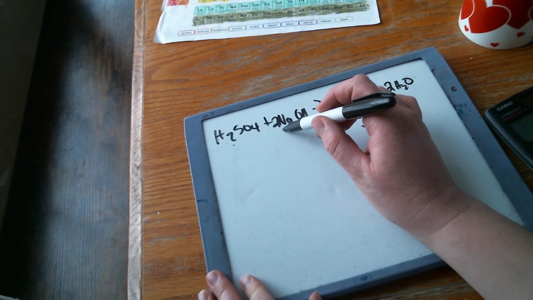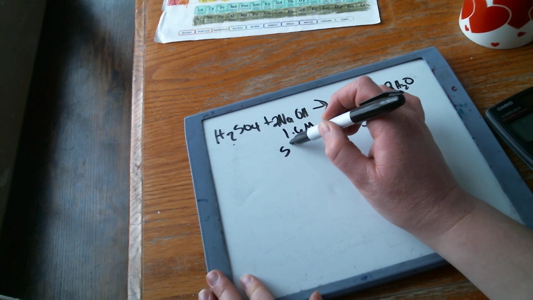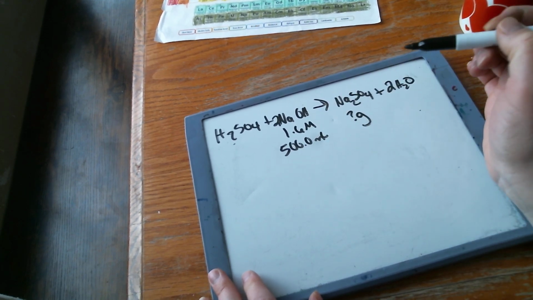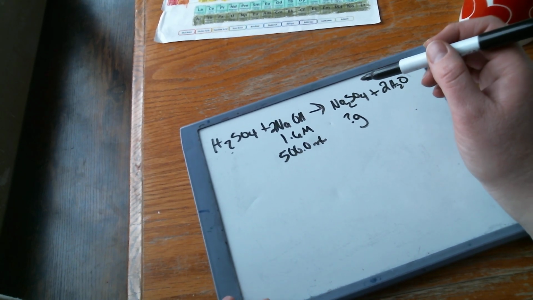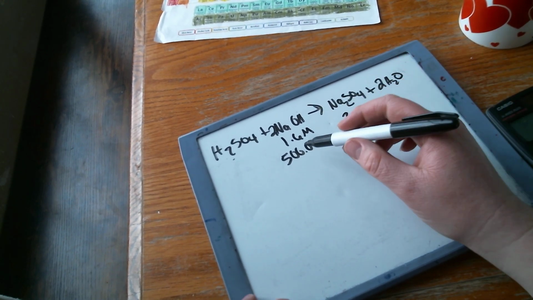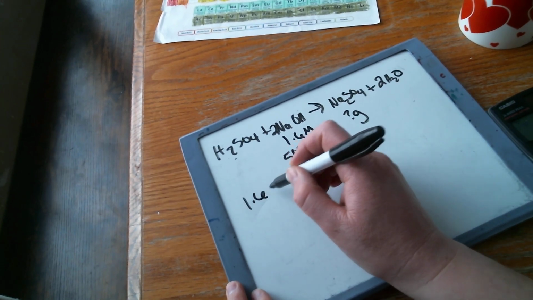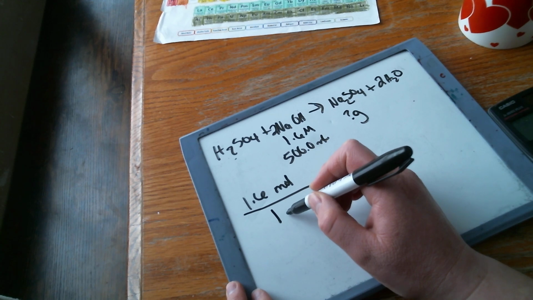So we have 1.6 molarity and we're using 500.0 milliliters. Okay, so we're trying to find this. Pretty classic. So we know that molarity is 1.6 moles over 1 liter.